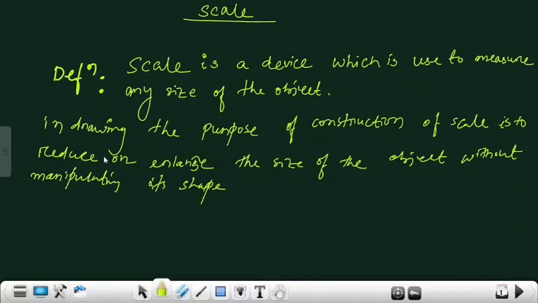So the very important term is to reduce or enlarge the size of the object without manipulating the shape.